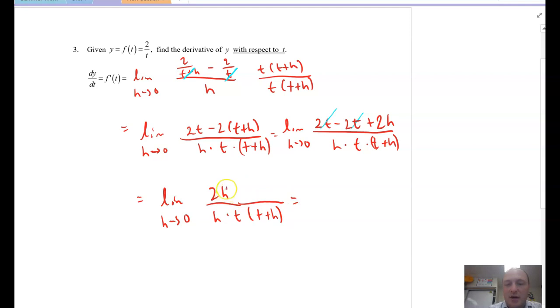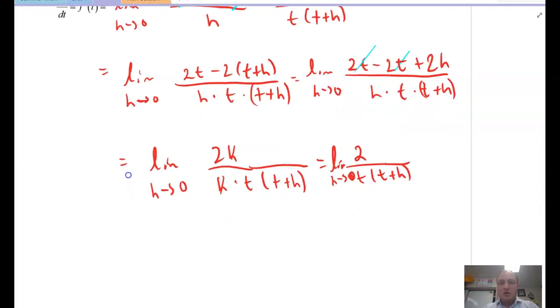Our h's cancel, and we get negative 2 over t times t plus h. I know it's very annoying to rewrite this limit as h goes to 0 every single time, but we have to include that, otherwise it wouldn't be equivalent.